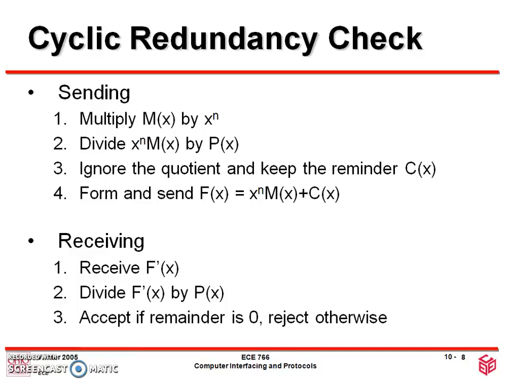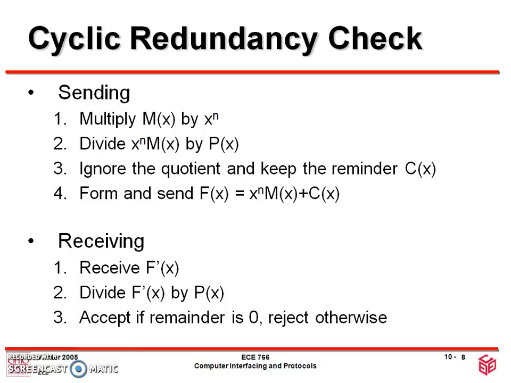So the detailed algorithm is as follows. First, multiply m of x, that is the data polynomial, by x to the power of n. Second, divide x to the power of n into m of x by p of x, where p of x is a different polynomial.